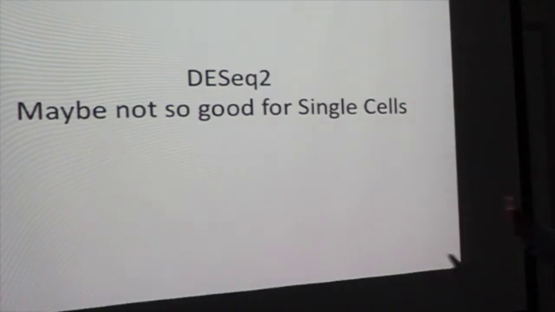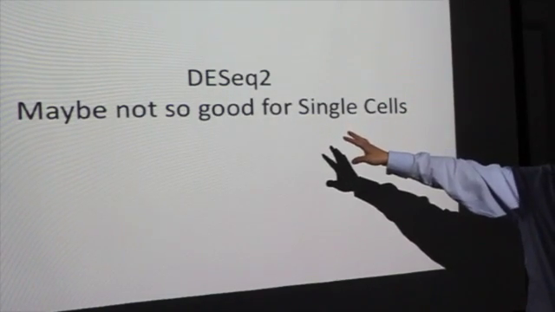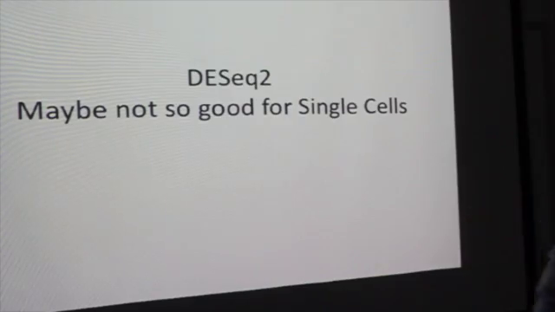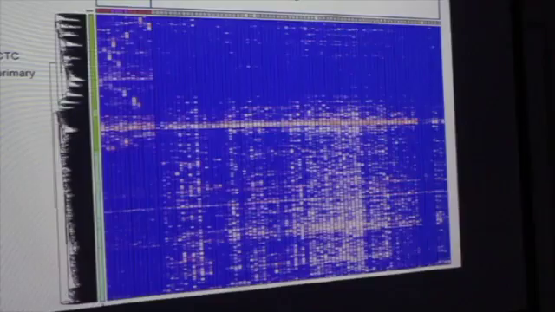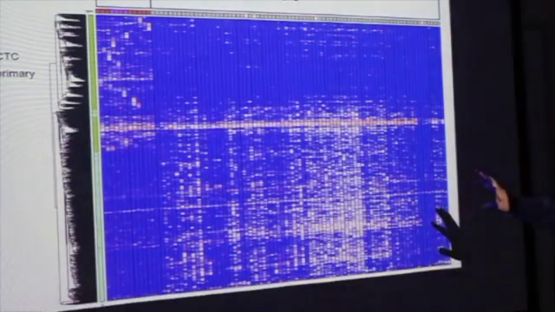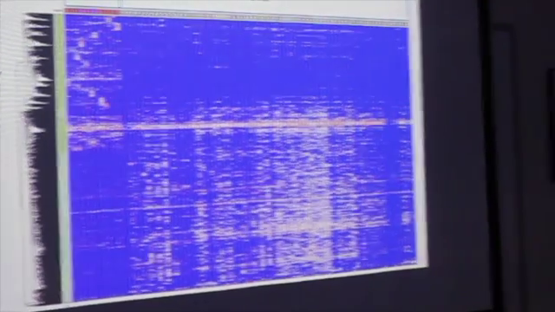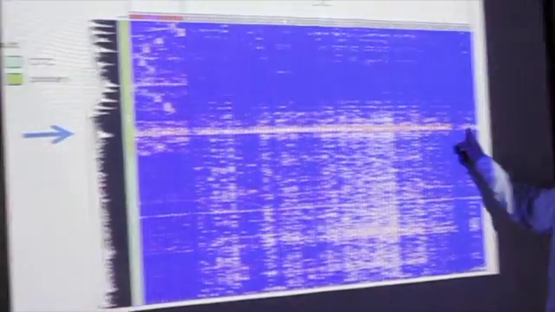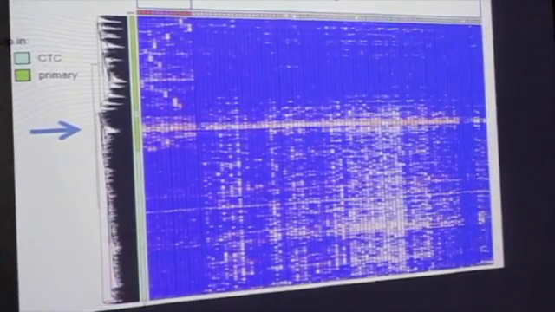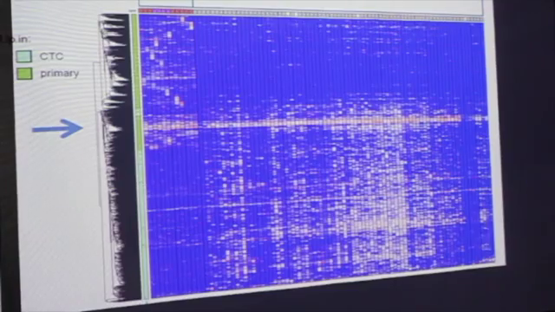And when you do differential expression, you learned DESeq too from him, right? So Monday. Oh, Monday. Okay. So this is if you took that single cell data and told DESeq to find differentially expressed genes. This is what DESeq found, and it was saying that all these genes were differentially expressed, but there's no clear difference here, and this is because of single cell data, because of all these zeros.